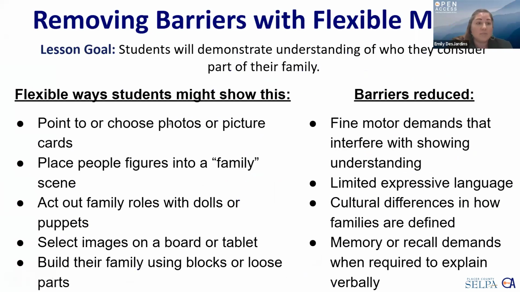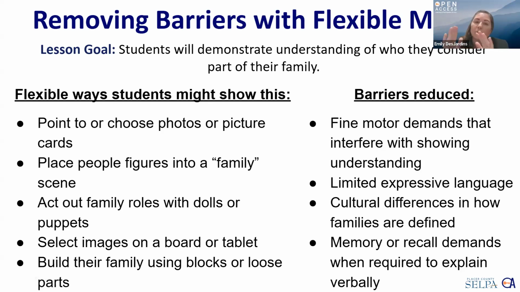So some flexible ways is maybe they're able to point to or choose photos or picture cards. Maybe they're able to place people figures into a family scene. Maybe they're acting out family roles with dolls or puppets. Maybe they're selecting images on a board or a tablet, for some of our students with AAC devices. Maybe they're building a family using blocks or loose parts.